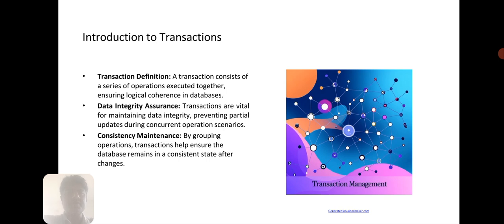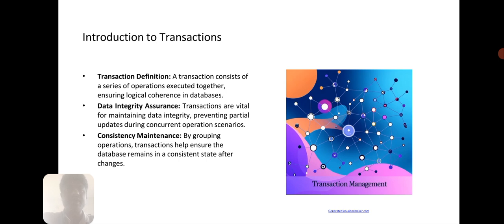First we discuss the introduction to transactions. A transaction is defined as a series of operations executed together. It ensures logical coherence in databases. Then data integrity assurance: we can easily maintain data integrity at transaction time, preventing partial updates during concurrent operation scenarios.